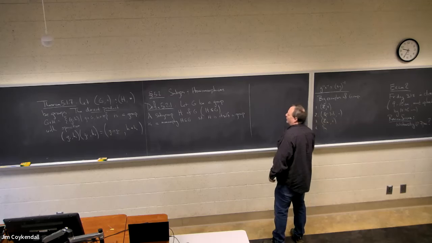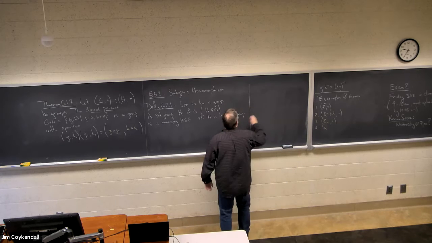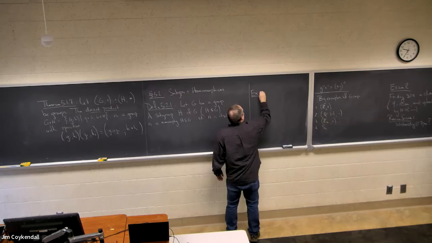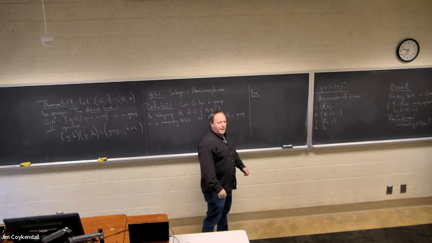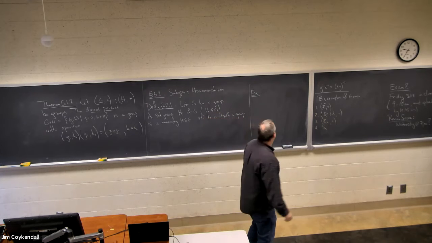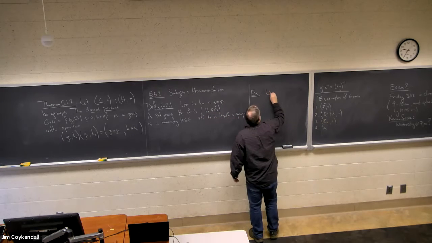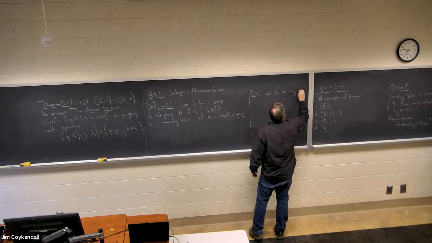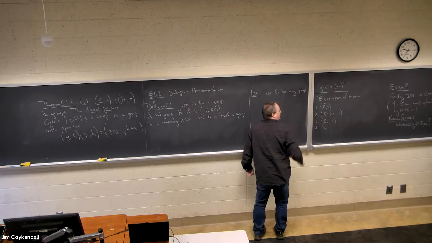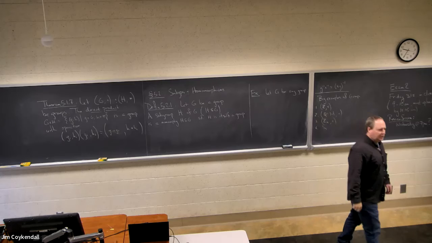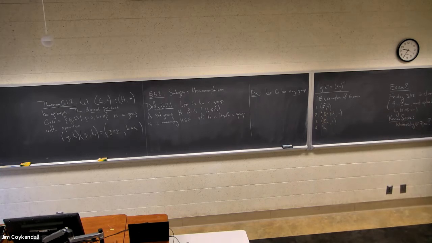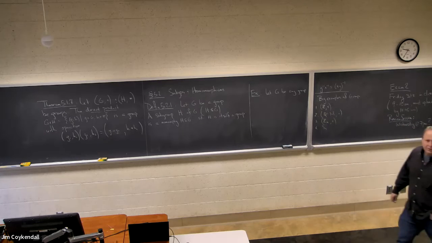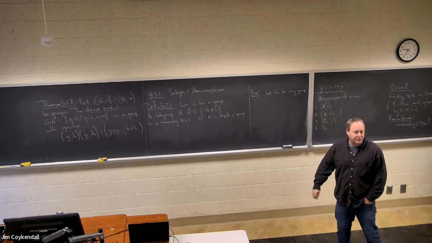Okay, so let me start off. If I have any group in the world, I can think of two rather silly examples of subgroups. Can anybody think of sort of silly extreme examples of subgroups of G?